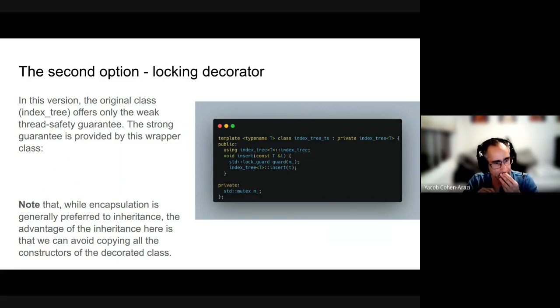Encapsulation is generally preferred, so composing is better. The advantage of inheritance here is you can avoid copying all the constructors or having using statements to bring in all the constructors. Actually, it's done here: this using index tree is bringing all the constructors in.